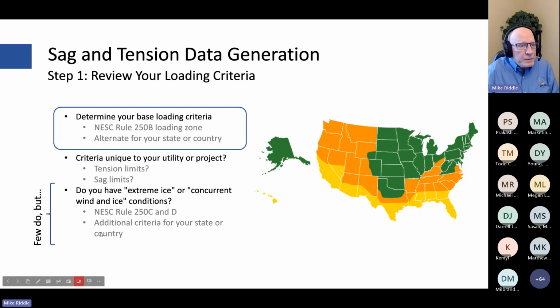And it's possible, don't see this a whole lot with ADSS, do see it quite a lot with OPGW, but you might have extreme ice or concurrent wind and ice conditions per the NESC Rule 250C or D, or some additional criteria beyond the standard NESC rules. Or likewise, if you're not in the United States, I'm sure your country has some standard criteria that you use, and maybe something that goes beyond the standard criteria.